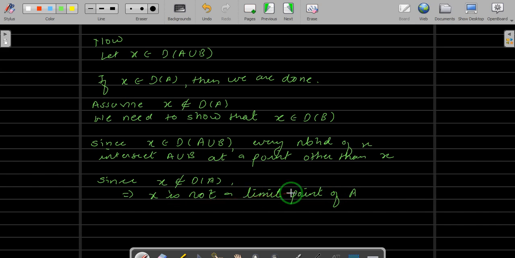And since x is not a limit point of A, that implies there is a neighborhood of x that will not contain a point of A other than x.